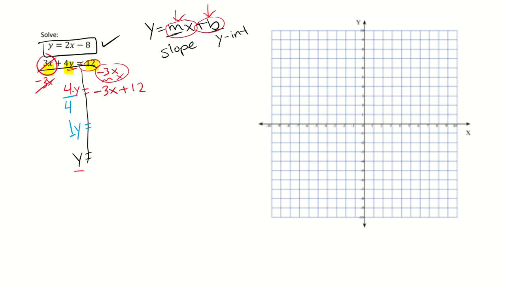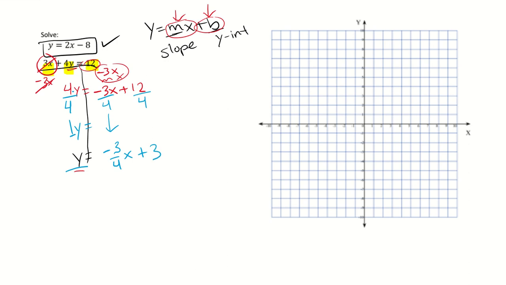It's invisible. You assume that anytime you have a variable by itself, there is a 1 in there. So now we need to divide these two by 4. Therefore, this ends up being negative 3 over 4 x, and 12 divided by 4 gives you positive 3.